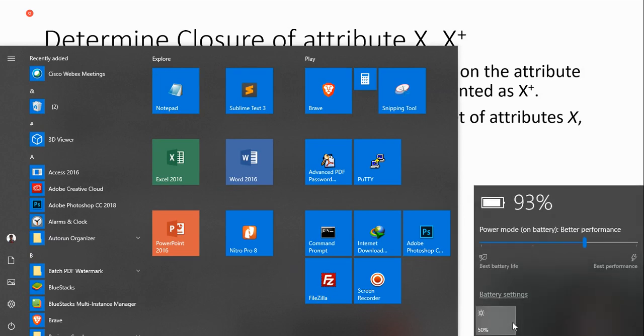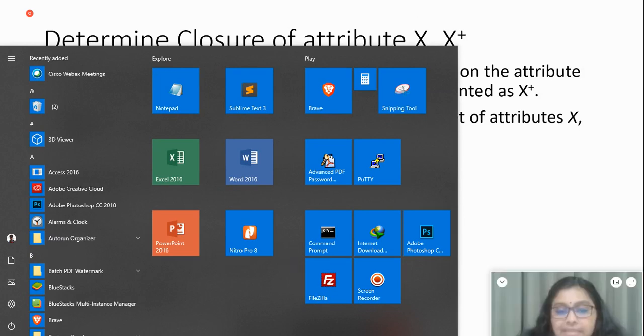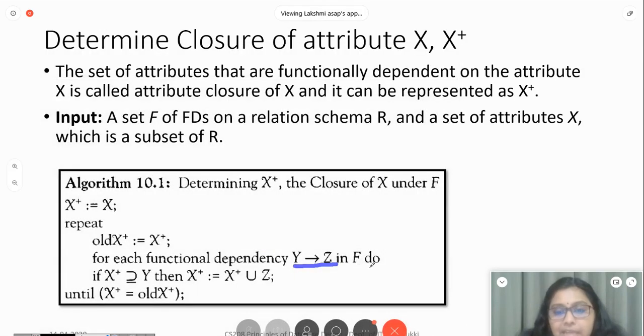For each functional dependency Y determines Z in F, if Y is a subset of X plus, then you add the right-hand side of that functional dependency to X plus. X plus is the set which denotes my attribute closure.